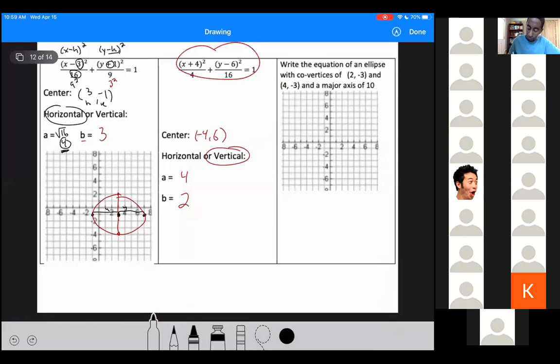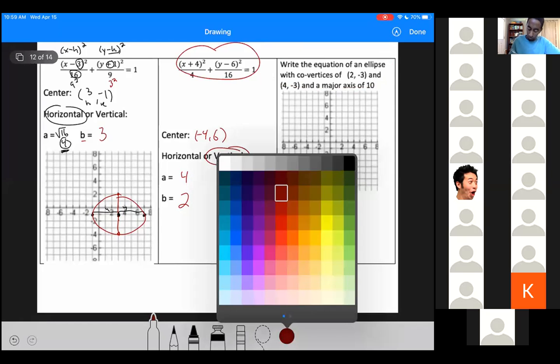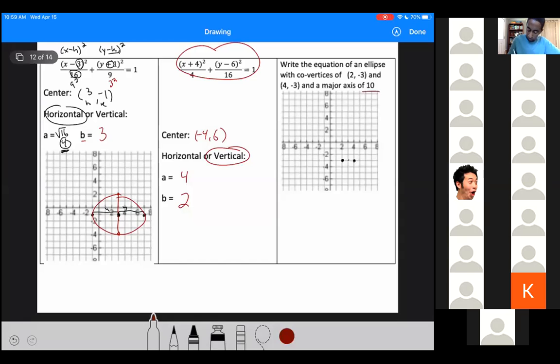Yeah. So I put the co-vertices first, and then it said it had a major axis of 10. So the center's at 3, negative 3. And then I went 5 up and 5 down. And then I drew it.